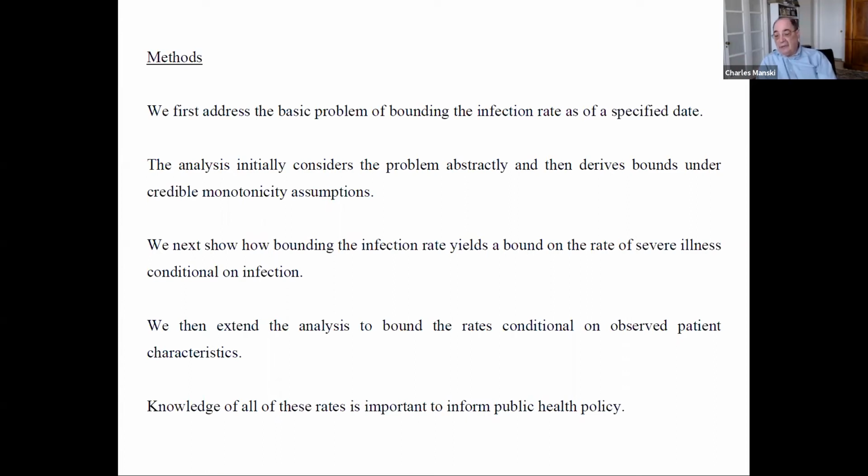There's been lots of discussion just in the past few days about racial differences in both rates of infection and in the severity of illness. All the analysis extends to that, but we're not going to do that conditioning on patient attributes here. We'll just stick with the basic problem.